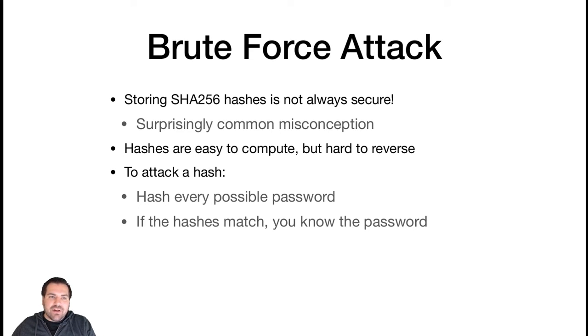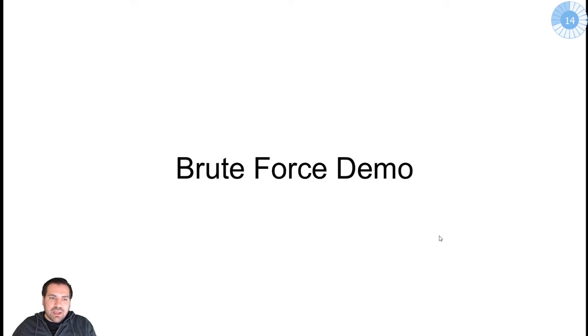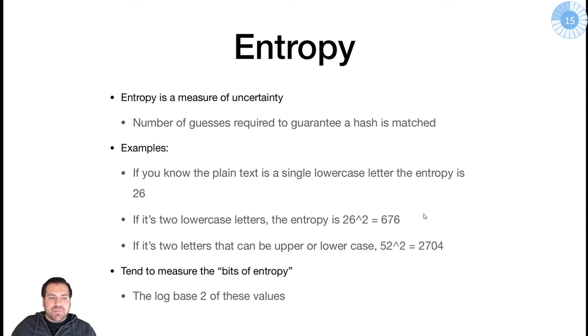You have to have enough entropy as well, which is to say there has to be enough guesses required to be able to crack your hash, to be able to brute force your hash, to be able to actually say that you have any security. So if you have, for example, 2 lowercase letters in the English alphabet, you have a total of 676 guesses, which will take less than a millisecond on any modern processor to crack your hash.